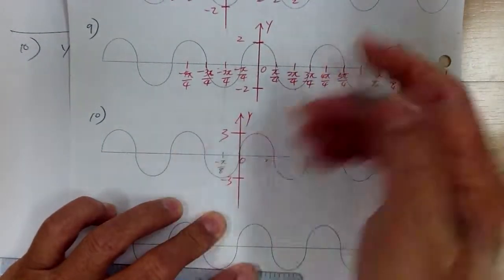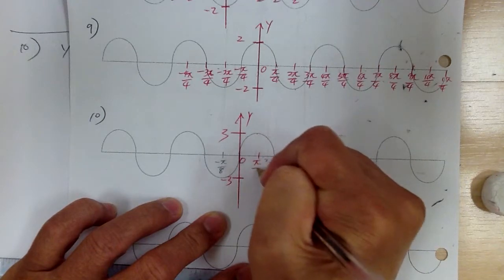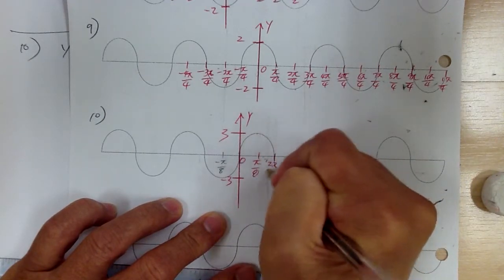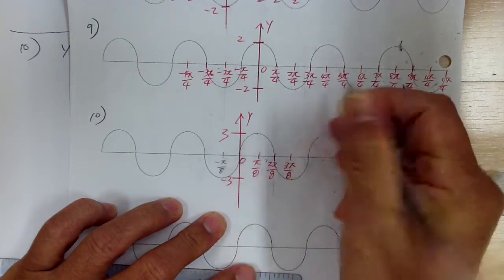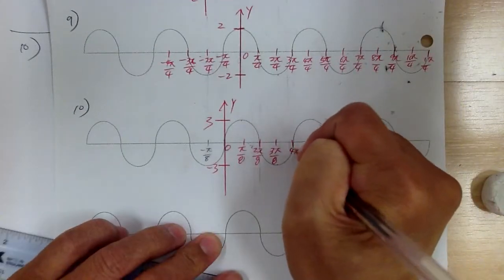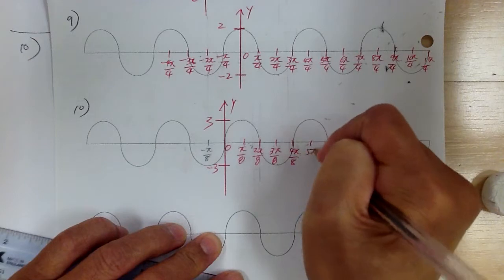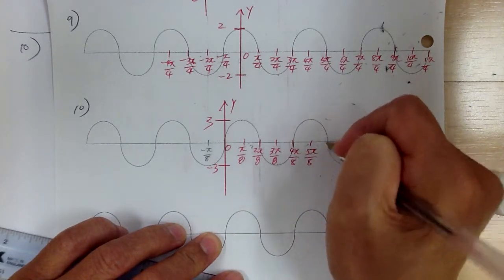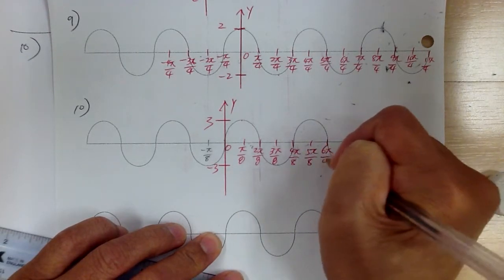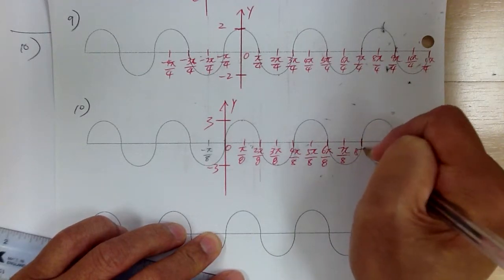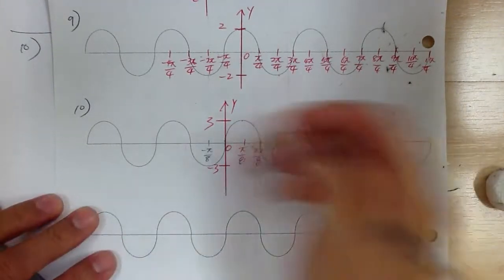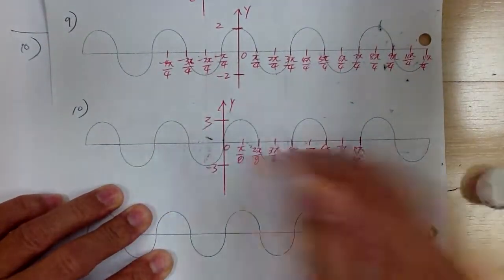Negative pi to pi, so this would be pi over 8, 2 pi over 8, 3 pi over 8, 4 pi over 8, 5 pi over 8, 6 pi over 8, 7 pi over 8, 8 pi over 8. And you have to go backward to the negative pi.